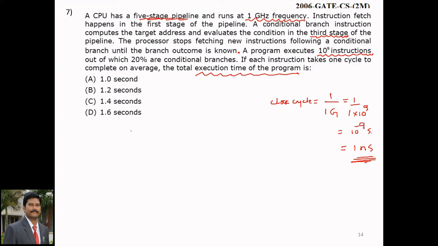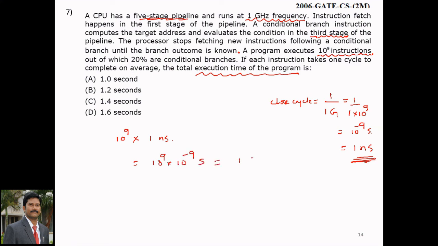So let us find out. For each 1 clock cycle is 1 nanosecond, and it is also given that in 1 clock cycle 1 instruction is executed. So the execution time to execute 10 power 9 instructions is 10 power 9 into 1 nanosecond per instruction, that equals 10 power 9 into 10 power minus 9 seconds.